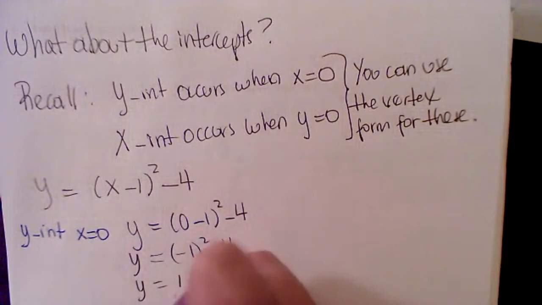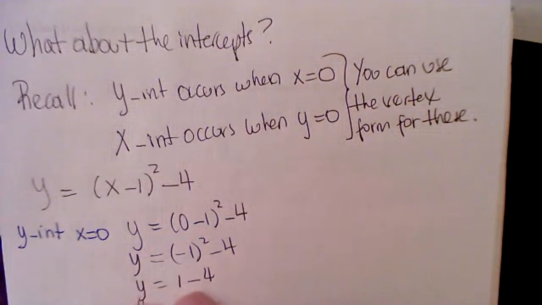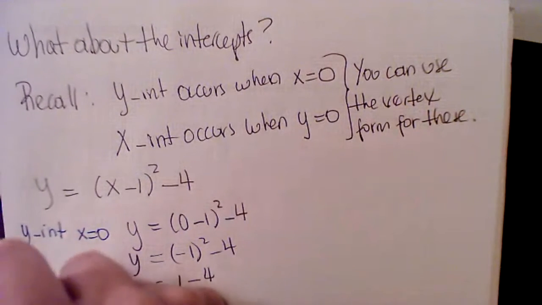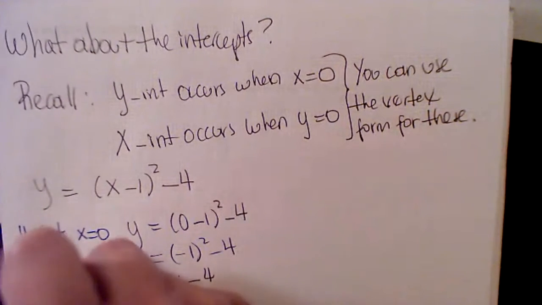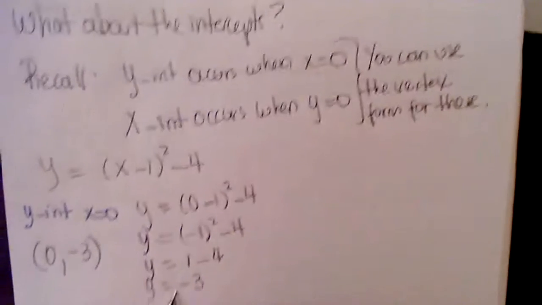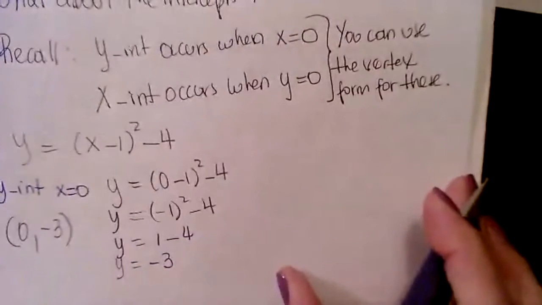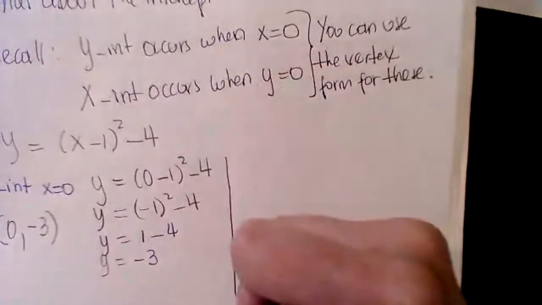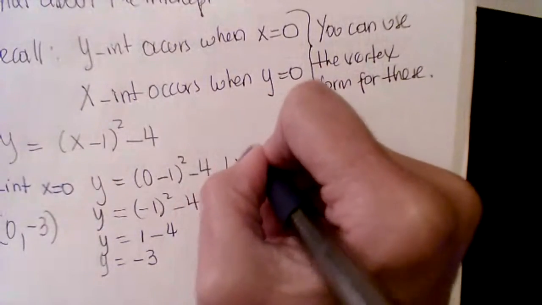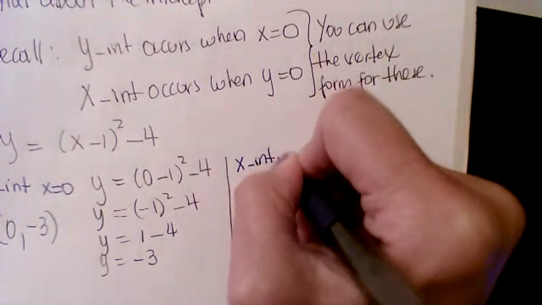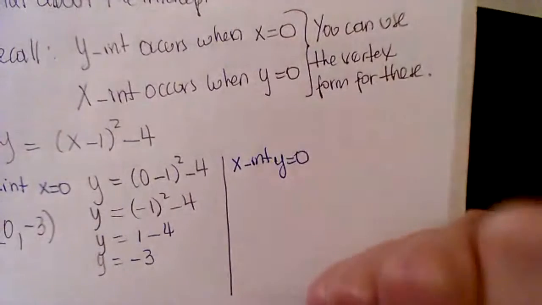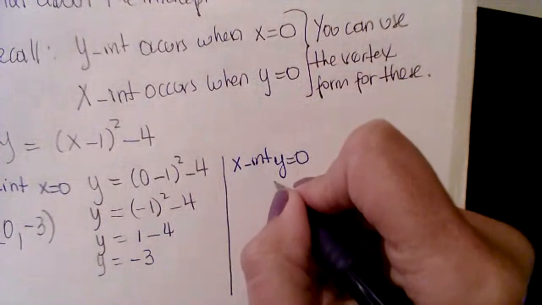This is going to be 1 minus 4. Y is going to be equal to negative 3. So what do we have? 0, comma, negative 3. When x is equal to 0, y is equal to negative 3. Now, let's do the other one.